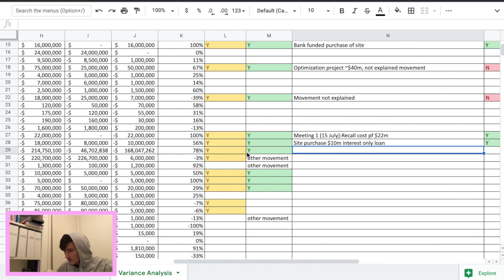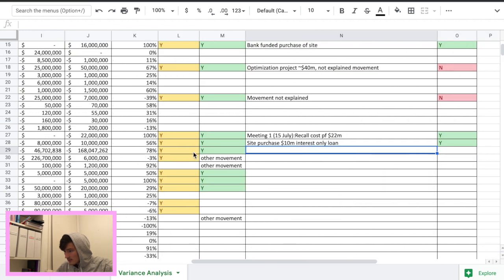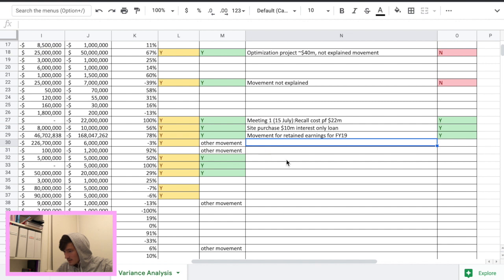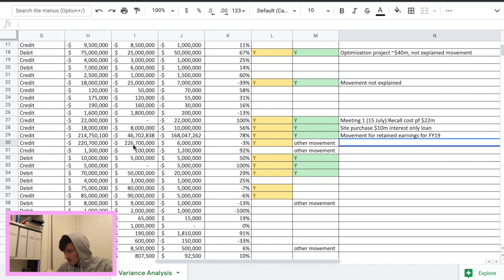Now next payment is retained earnings. So I believe that it does match up. So I'm gonna say yes. 2019. Now for other movements, this is the, hold on.